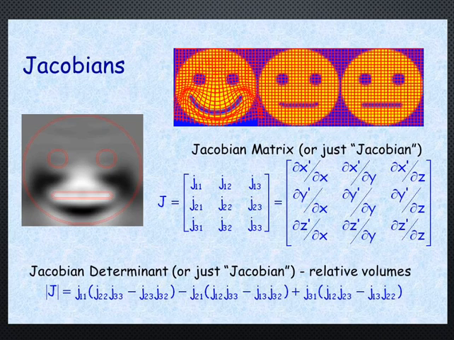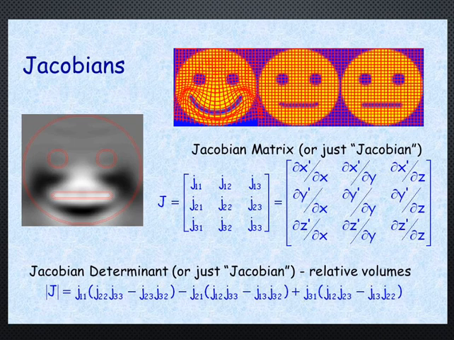And the Jacobian essentially describes the transformation or expansion and compression in 3 dimensions as a function of the overall transformation. And it's described by this 3x3 matrix.